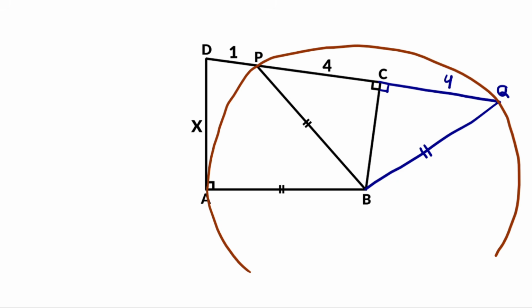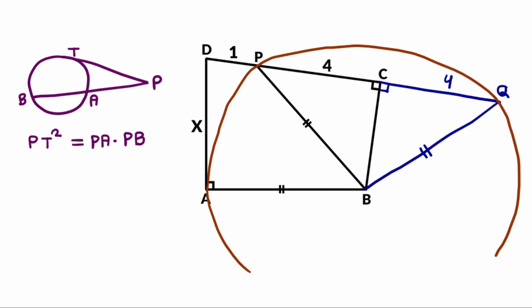Perfect. Now we can use the Tangent-Secant Theorem. The theorem says tangent squared equals external secant multiplied by the entire secant. Applying it here gives AD squared equals DP multiplied by DQ. Let's substitute the lengths.